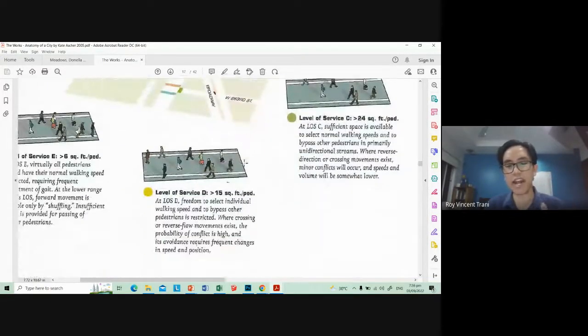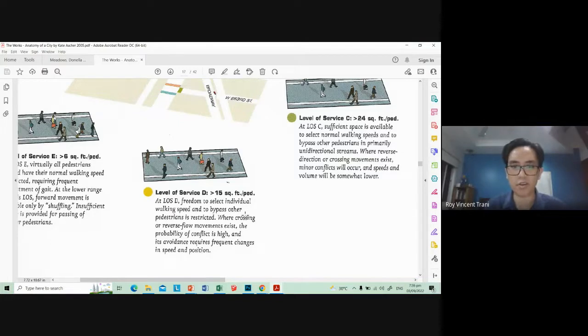And then as you go down, it becomes more and more crowded until you get level of service D, where the freedom to select walking speeds and to bypass other pedestrians is restricted because there's so many people on that sidewalk or on that street.